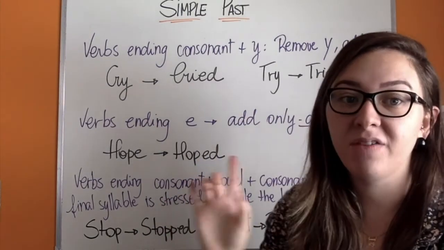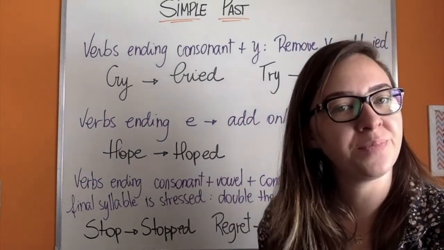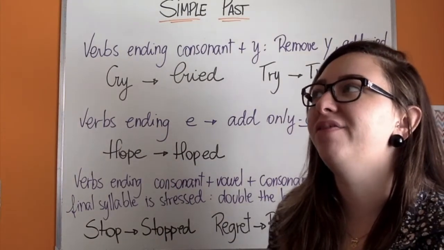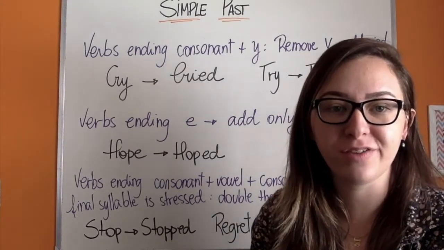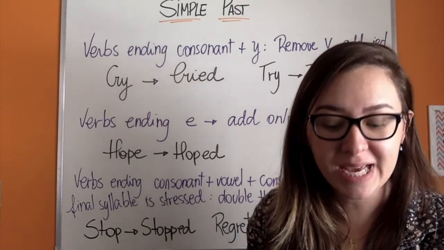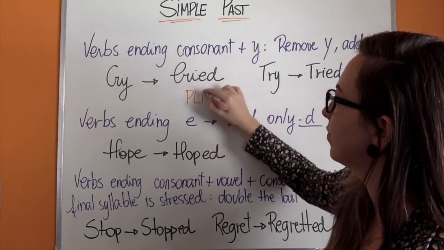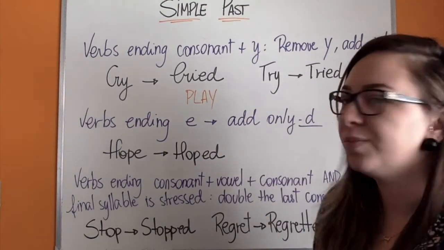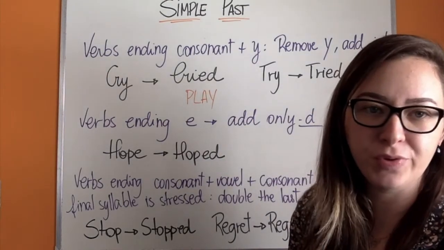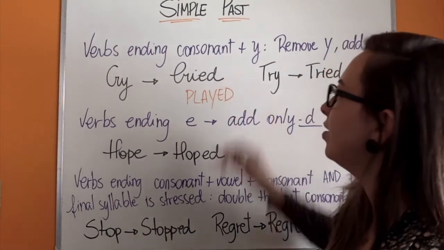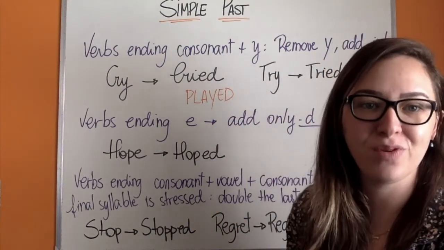Only if you have consonant plus y. If you have, for example, a vowel plus y, for example, the verb play, you shouldn't remove the y. You just say played, you keep the y. Okay?